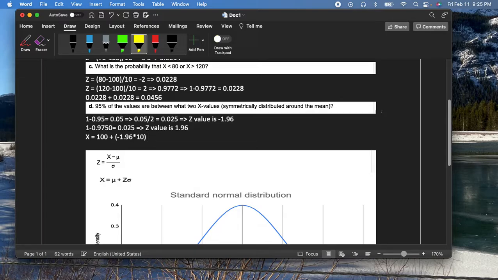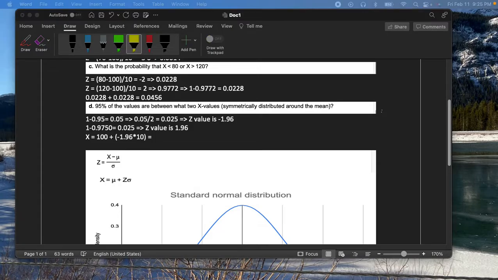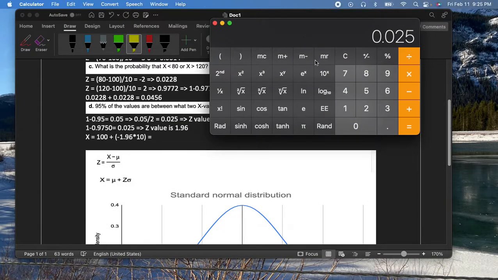Once we do this, what do we get? Let's pull up my calculator. We have 1.96 times 10 equals 19.6.